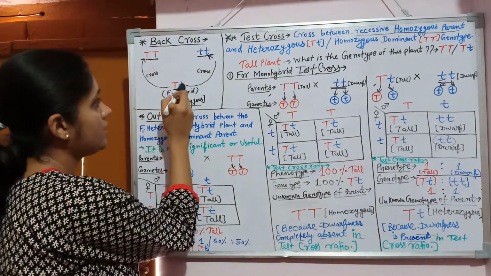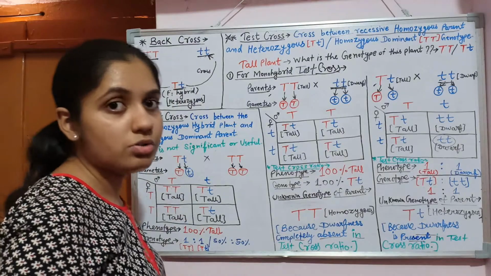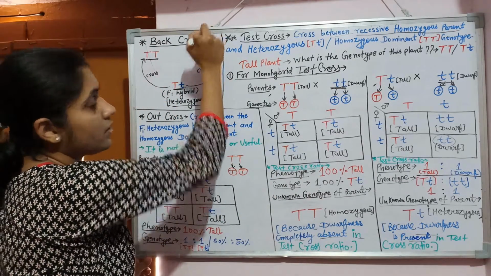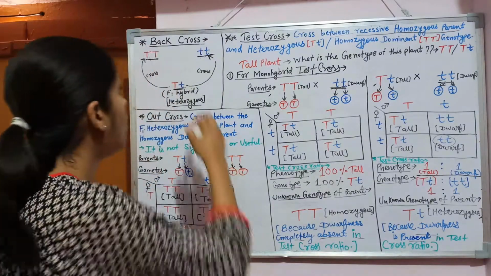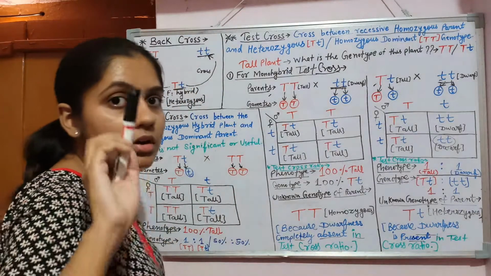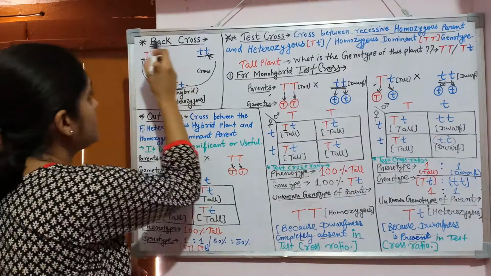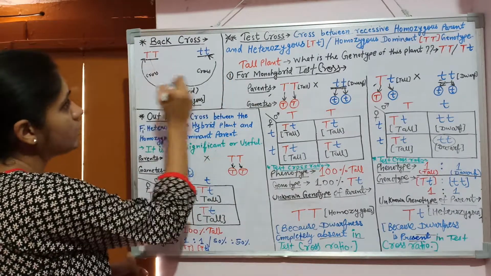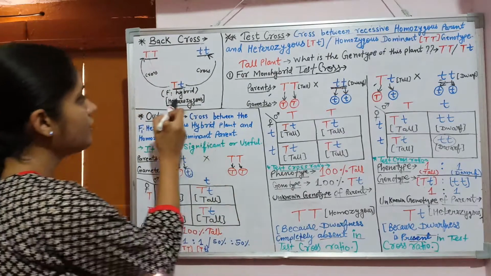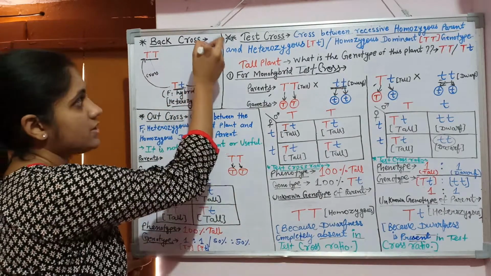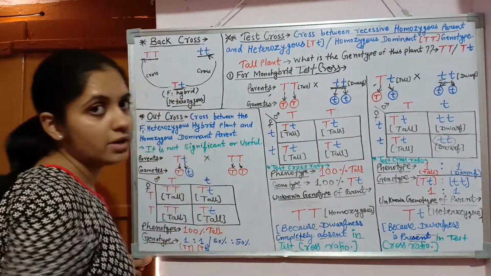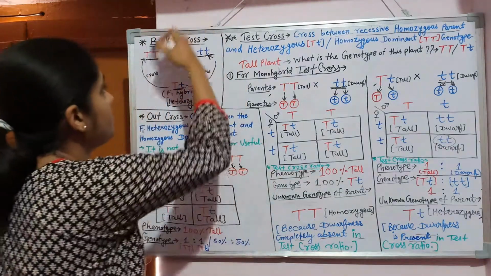So these plants are back crossed, or reverse crossed, with either the recessive homozygous parent or the dominant homozygous parent, meaning the tall and the dwarf plant. Both are known as the back cross. If the F1 hybrid is crossed with the recessive homozygous parent or the dominant homozygous parent, this is known as the back cross.